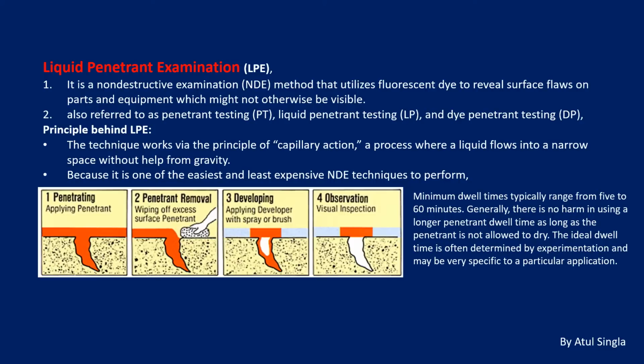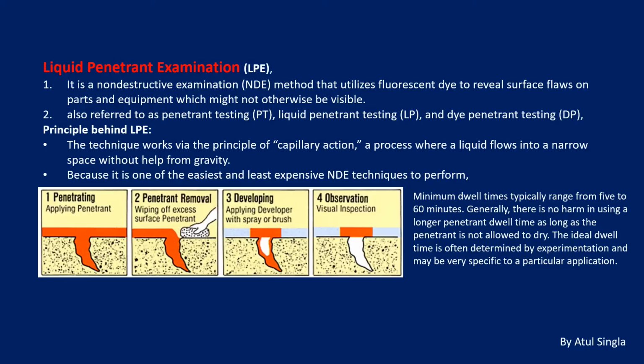Liquid penetrant examination. As the name indicates, some liquid is going to penetrate inside the cracks or irregular surfaces so that we can identify them. It is one of the most popular non-destructive examination methods, which utilizes fluorescent dye. This is the liquid which is going to reveal the surface flaws in equipment which we might not be able to see with our naked eyes.